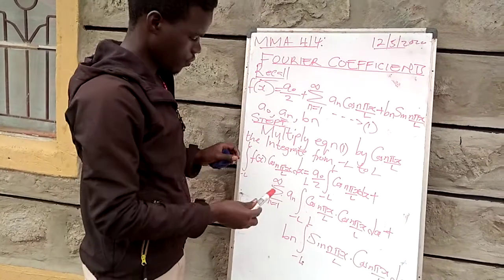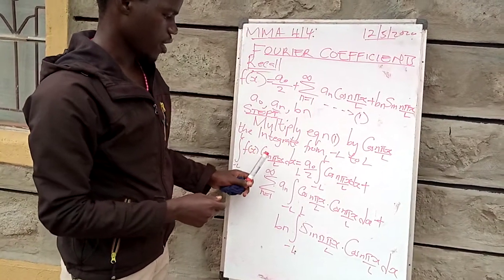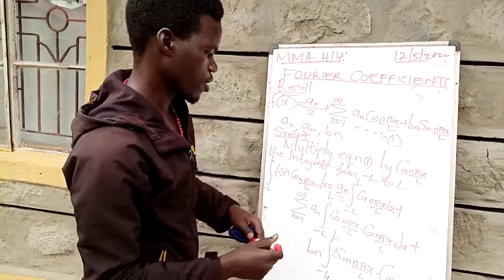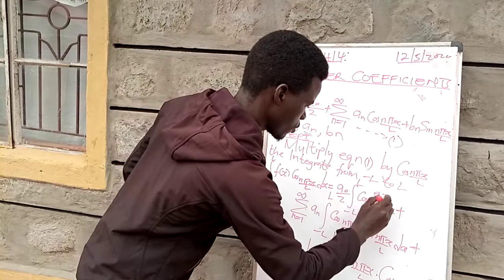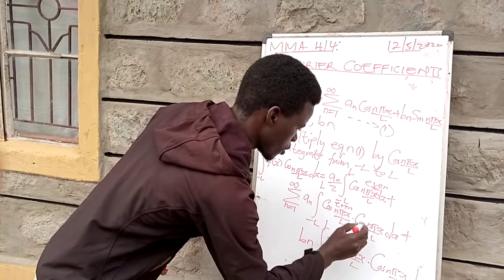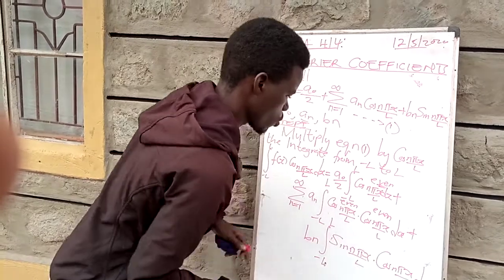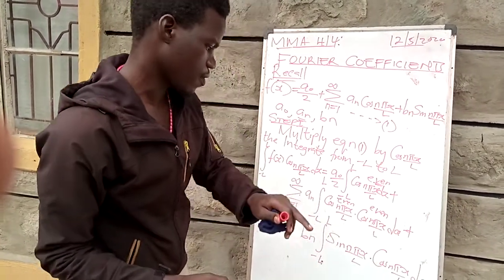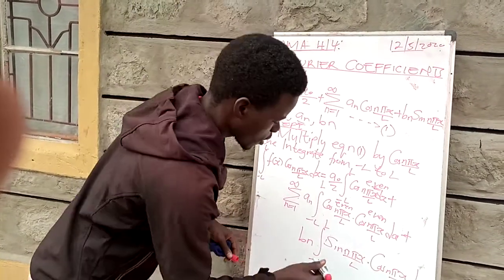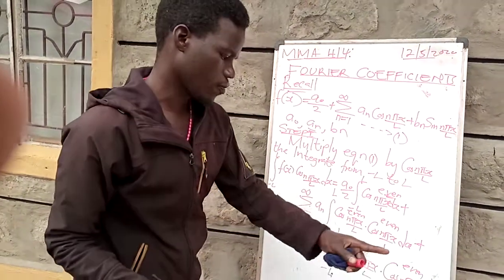And then we now look at the properties of even and odd functions. Cos is an even function. So when you multiply an even function times an even function, you still get an even function, so nothing happens there. If you multiply an odd and an even function, you get an odd function.